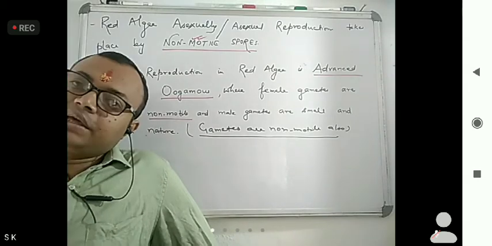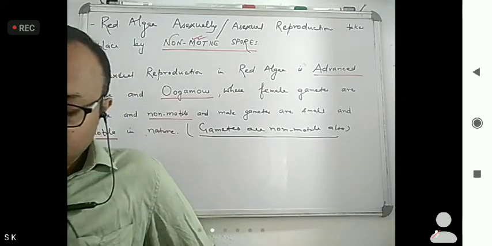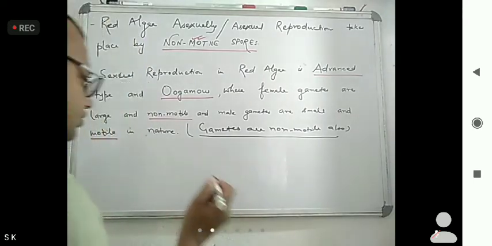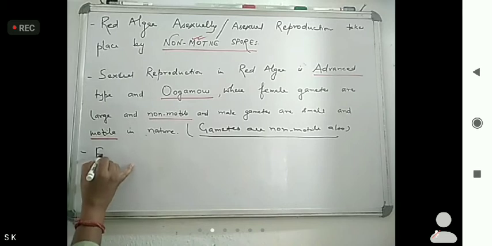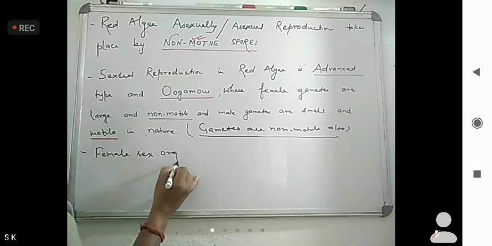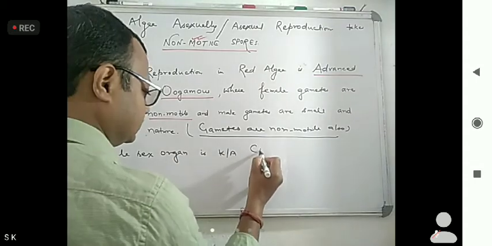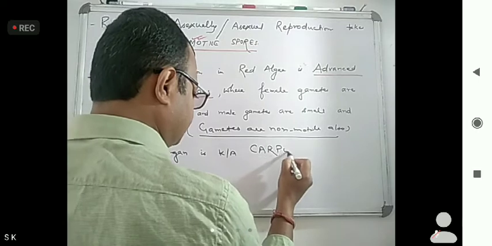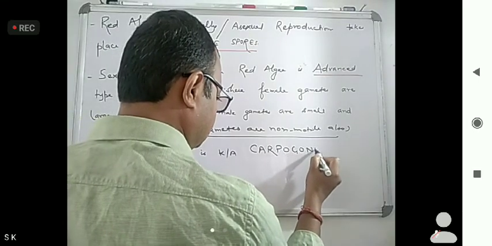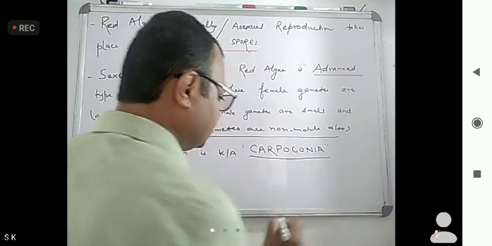Now here the female sex organ is known as carpogonia. This you have to remember. What I told, the female sex organ is known as carpogonia. Okay, so the female sex organ is known as what?